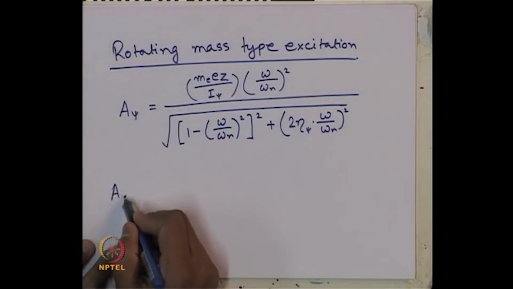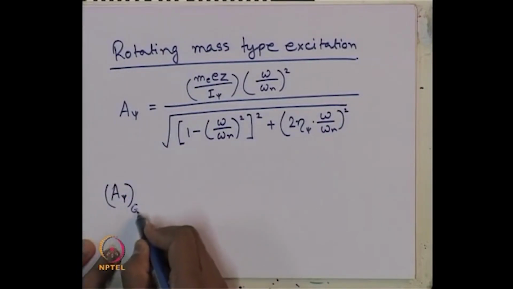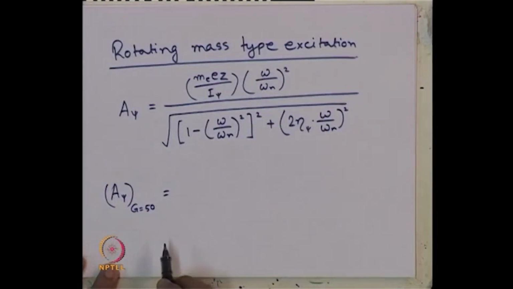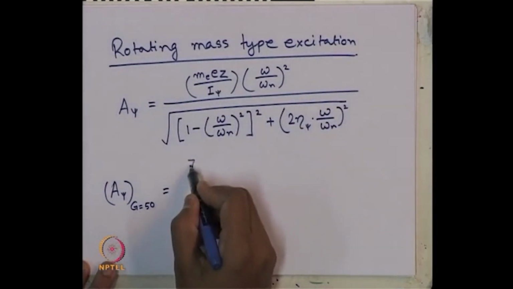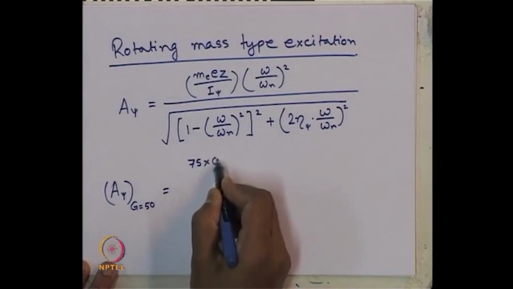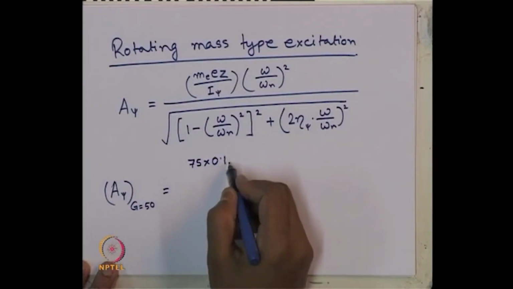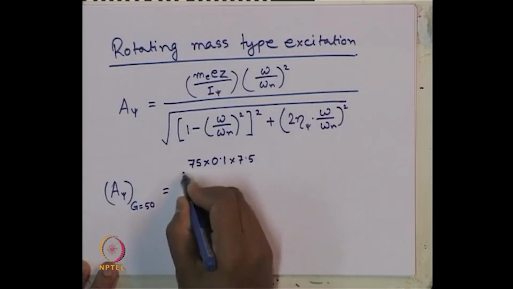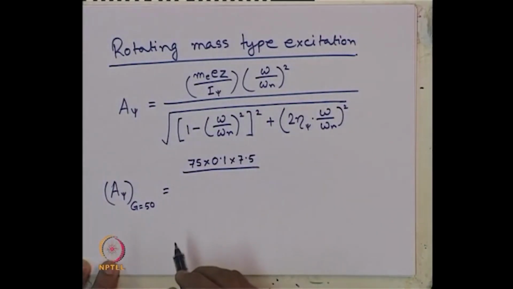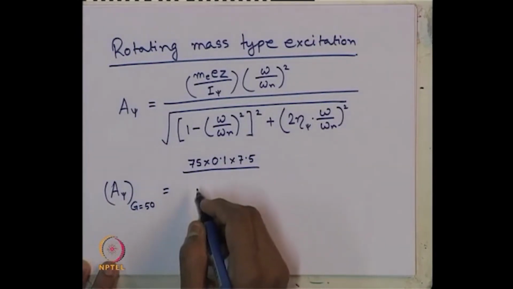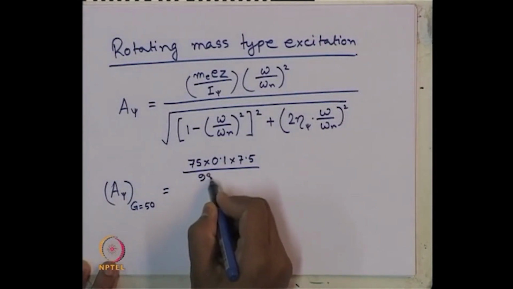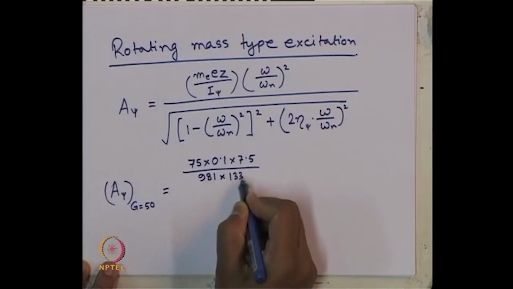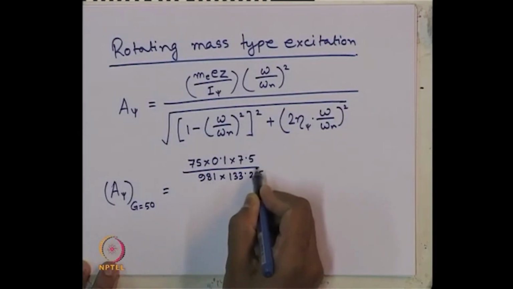So, if we put the values of the given and calculated terms, A psi for G equals 50, first type of soil, it will be 75 into 0.1 centimeter, which is the eccentricity, 7.5 centimeter is the lever arm, and 981 into 133.215, which is I psi.